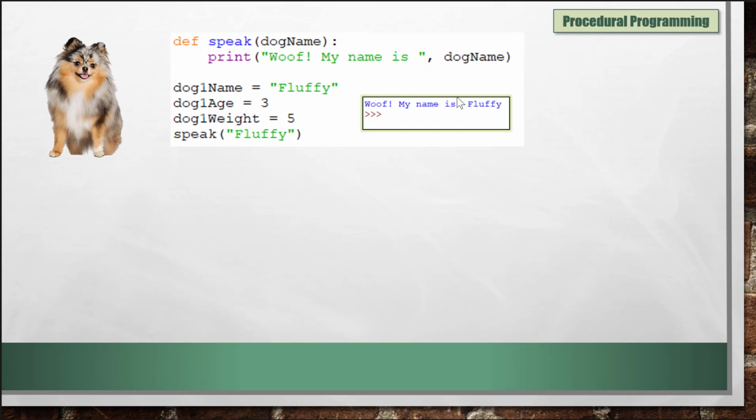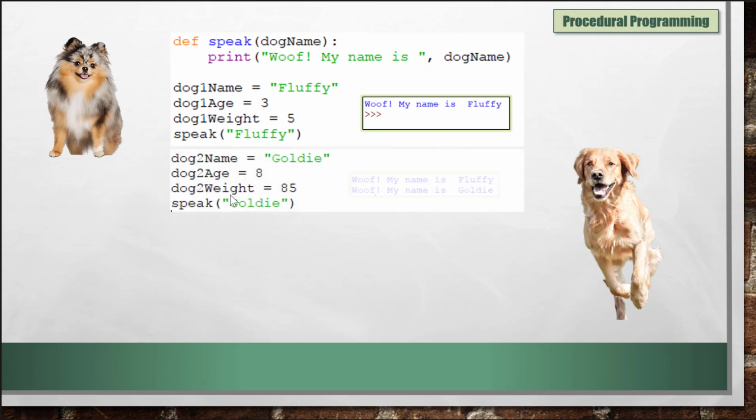So that's all well and good, I suppose. But what happens if I then want to create another dog? All right, well, there's our new dog. In other words, for what we've done in the past with procedural programming, I've got to address the new dog, so I need to create some new variables for that dog. So I'll create another variable, dog2 name, that's going to keep track of Goldie.